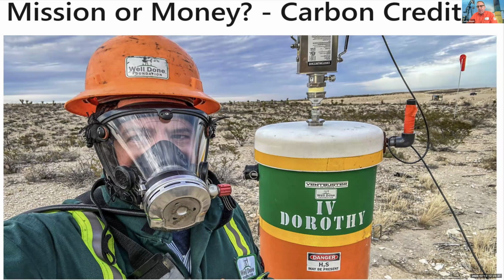Remember, in 2019, when we began, there was no money. It was everybody's dirty little secret. Nobody wanted to talk about it, and nobody had any money to fix it. So we knew we needed something to go beyond our car washes and bake sales to help fund the orphan well program. And so that's when we started down the path of sponsoring the methodology with the American Carbon Registry.